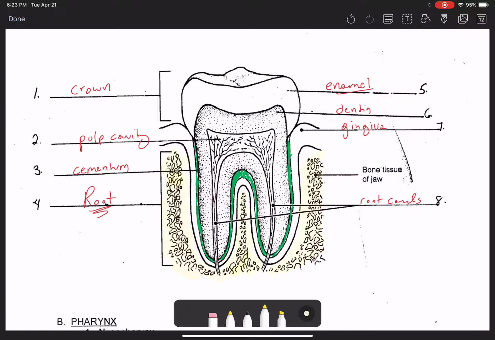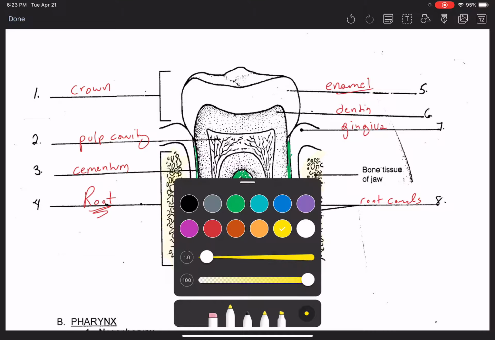So the cementum is annealed to the periodontal ligament, which then anchors the entire tooth, or helps embed the tooth within the jawbone. Now I'm going to highlight the periodontal ligament with a different color. Let's do purple, which contrasts well with the green and the yellow.